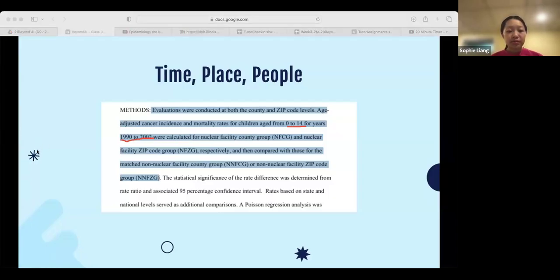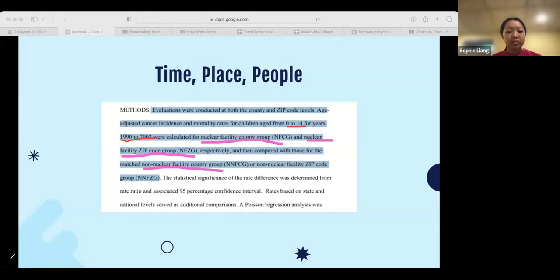So, these ones: nuclear facility county group, nuclear facility zip code group, and then non-nuclear facility county group. So either they're near a nuclear facility or they're not near one. So those are the different places.